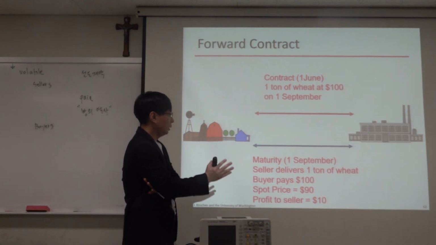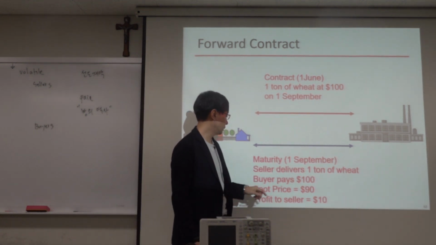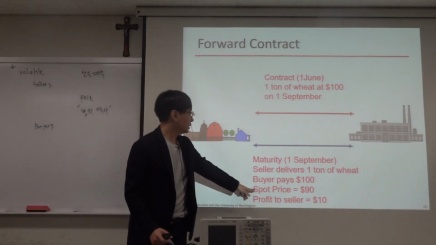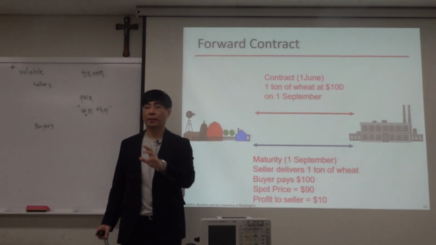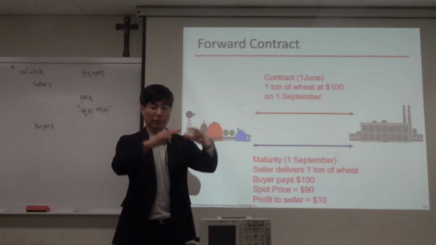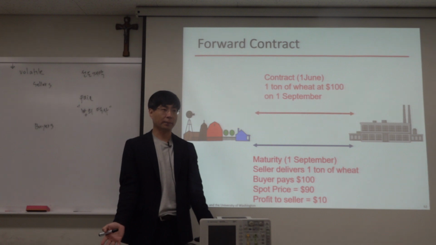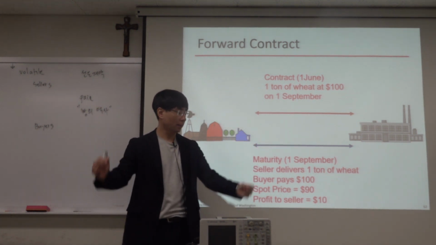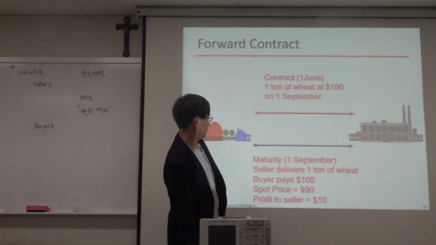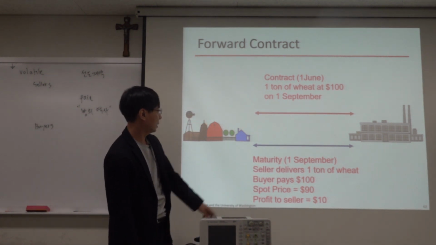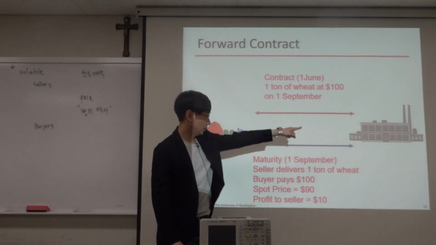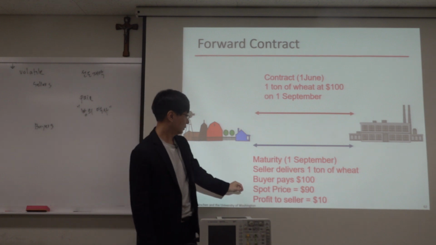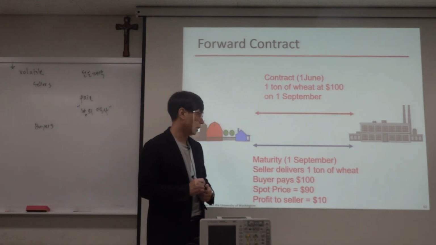But it turned out that on September 1st, the spot price is $90. This spot price is determined in the spot market, and we assume that the spot market is pretty big, so it can observe any kind of supply or demand. Okay, so on September 1st, because the spot price is $90, the miller could have bought the wheat at $90.